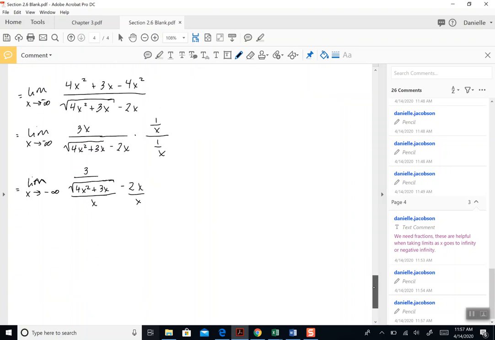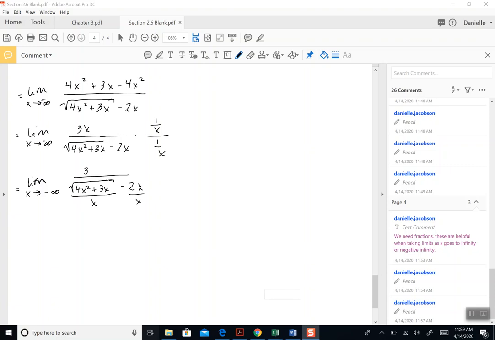Okay, so notice that the minus 2x over x is pretty easy to work with. You can just divide the x's out. But we know with this square root, I can't just shove the x in there because the x is not a square root itself. That means that I'm going to have to go through and adjust it. So I'll do that. Okay, so this is where it gets extra tricky. We of course have to adjust this x so we can push it into the square root, but something else we have to consider that I've been writing and we haven't explicitly addressed yet is that in this example, x is going to negative infinity.